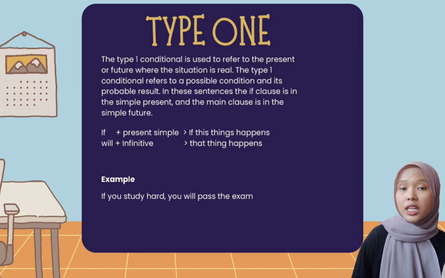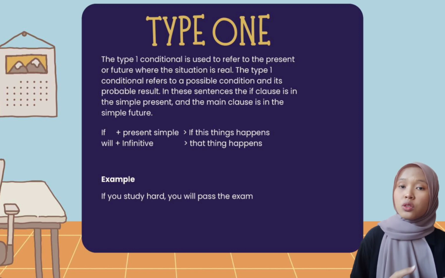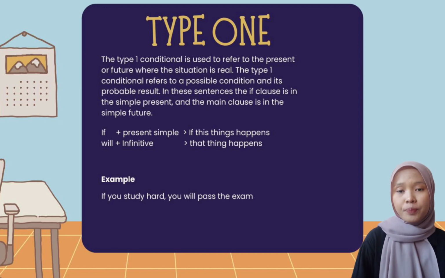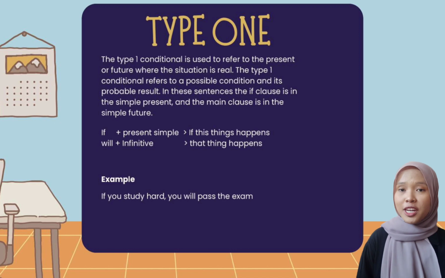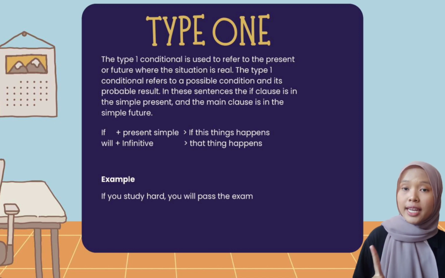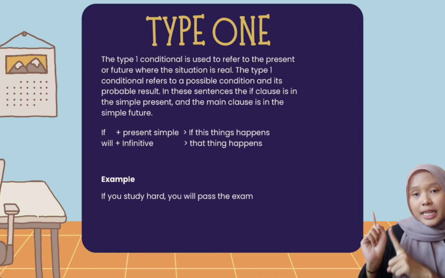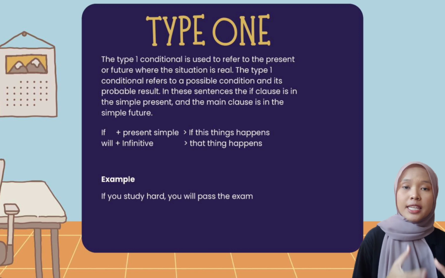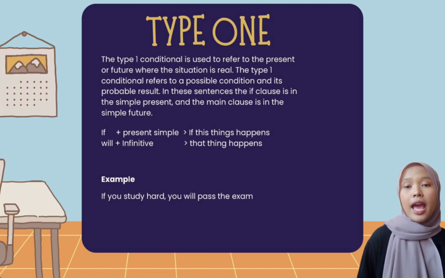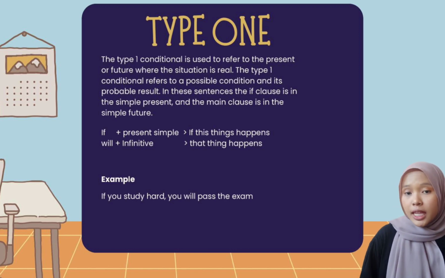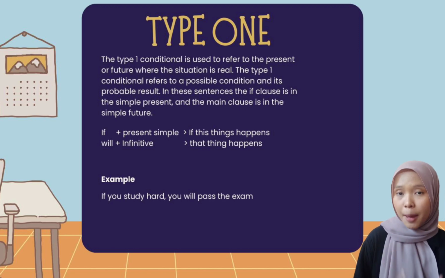Use the first conditional to talk about things that might happen in the future, to talk about things that will be true. And then, the form of conditional sentence type 1 is if plus present simple, if these things happen, and will plus infinitive, that thing happens.